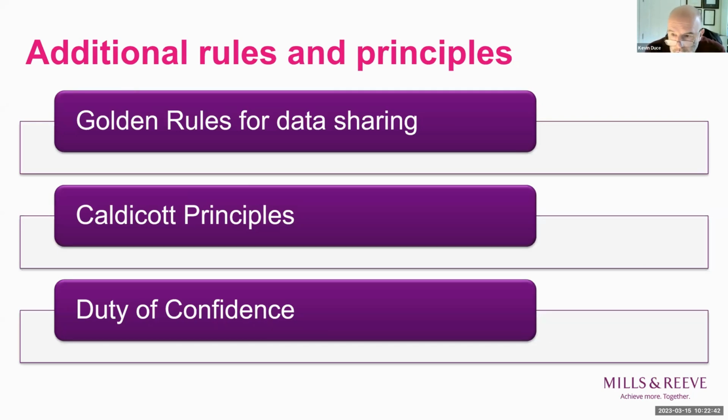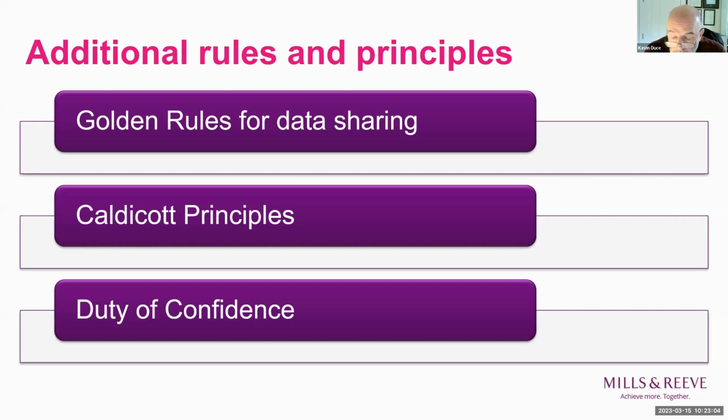There are 7 golden rules for information sharing in the medical context. These are primarily concerned with the sharing of personal data with someone other than the requester or their representative, but also have relevance to the processing of a DSAR.